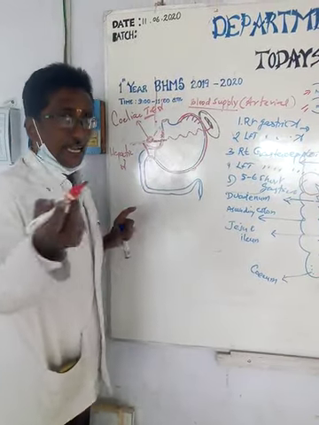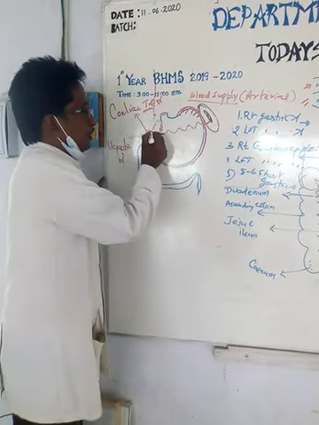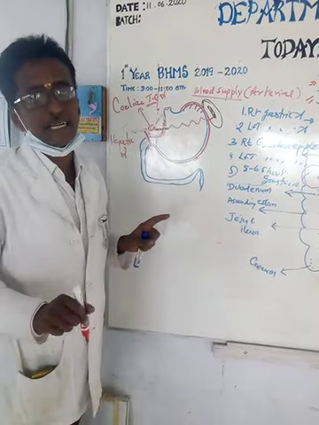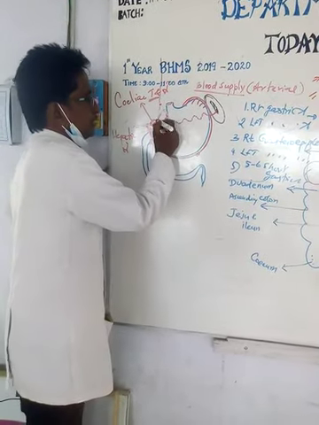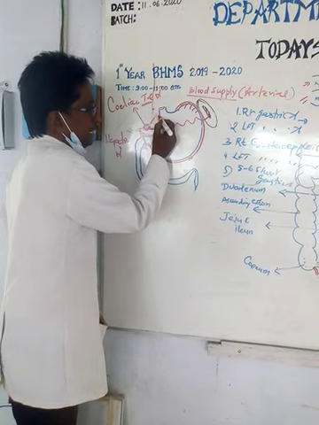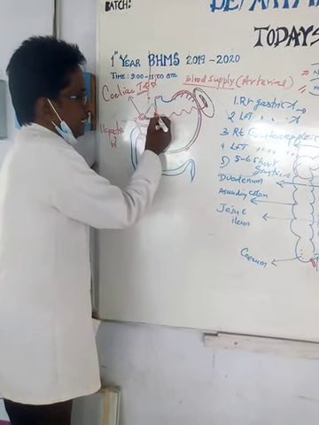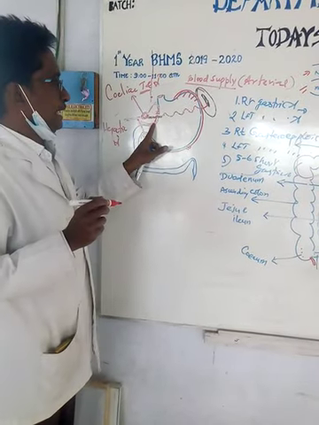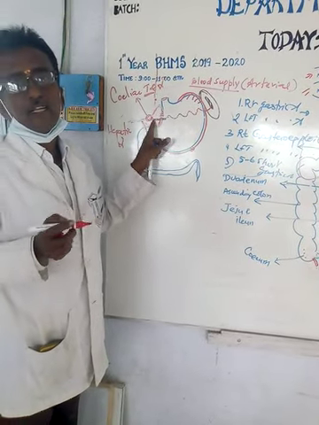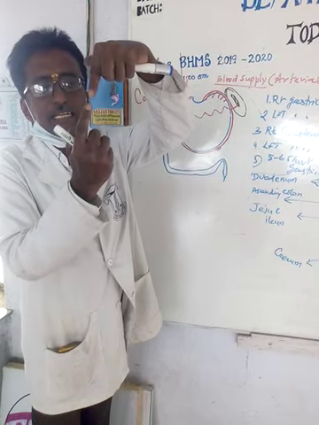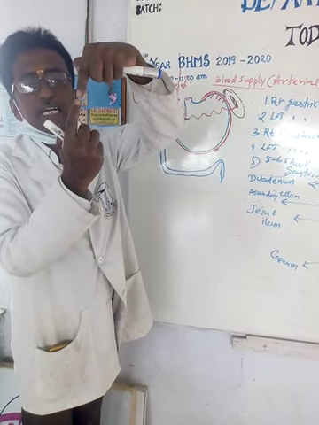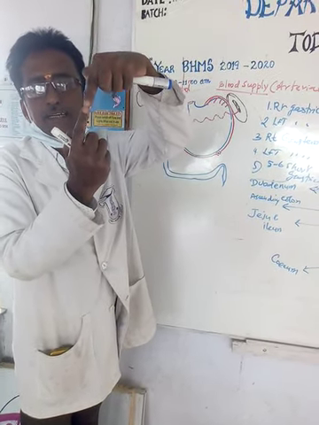I already told you the left gastric artery is a direct branch from the celiac trunk. It first goes upwards, reaches the lesser curvature of the stomach, and goes downwards and anastomoses with what? The right gastric artery. So the right gastric artery and left gastric artery near the lesser curvature of the stomach anastomose with each other.